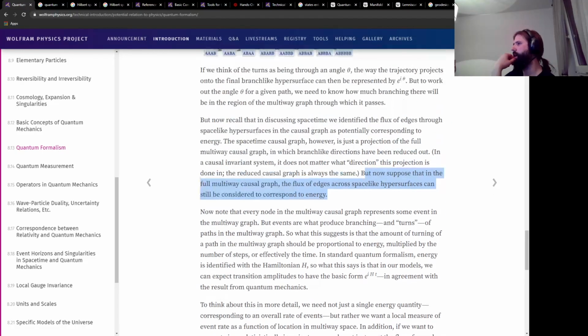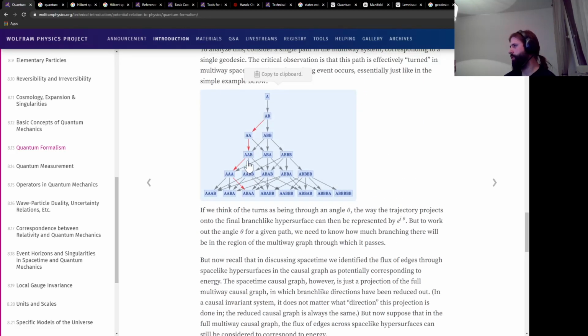Now note that every node in the multiway causal graph represents some event in the multiway graph. But events produce branching and turns. Yeah, so the branchings are the turns of these geodesics.